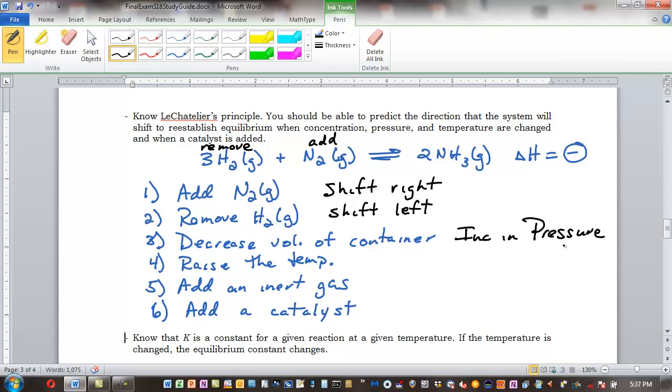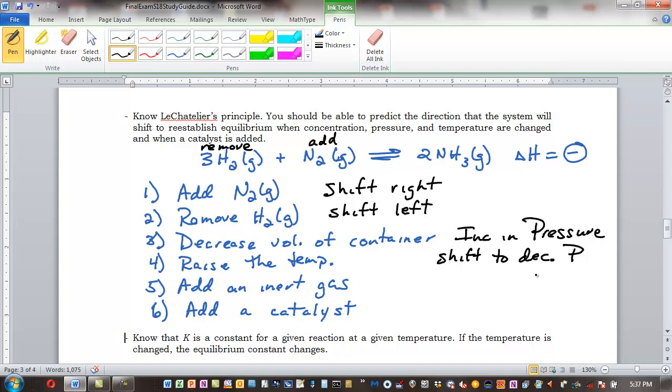That is the stress on the system. So the system is going to want to shift to decrease the pressure, to offset this change. The change was cranking the pressure up. The system will shift to decrease pressure. So how can we decrease the pressure in that system?